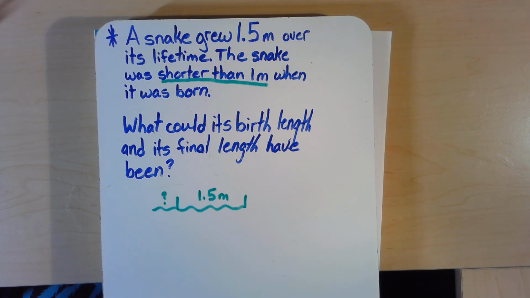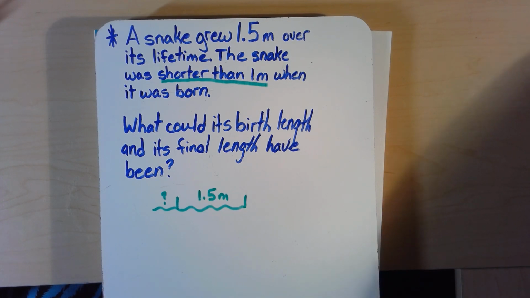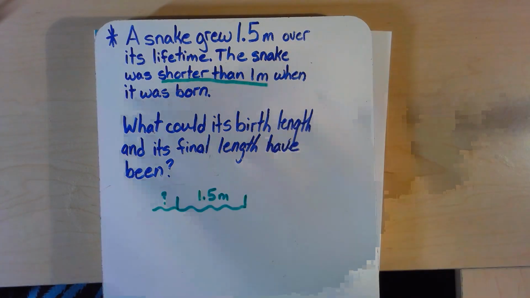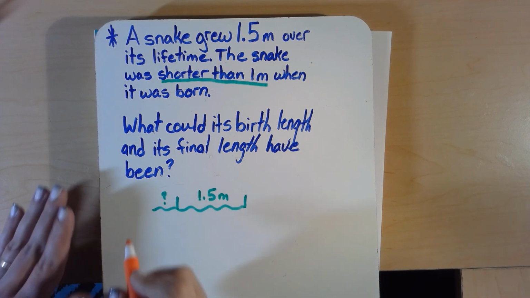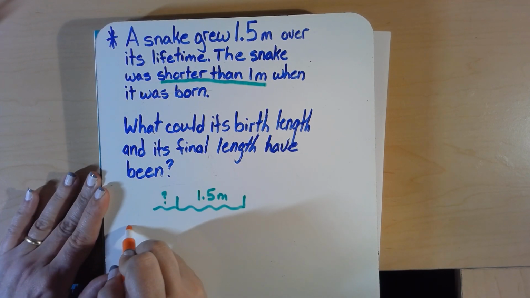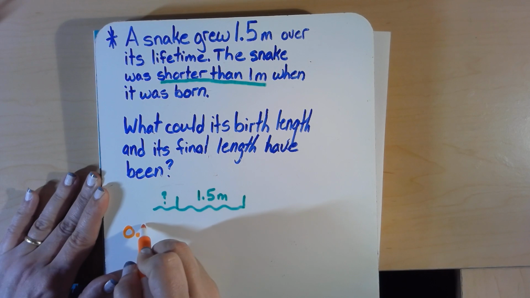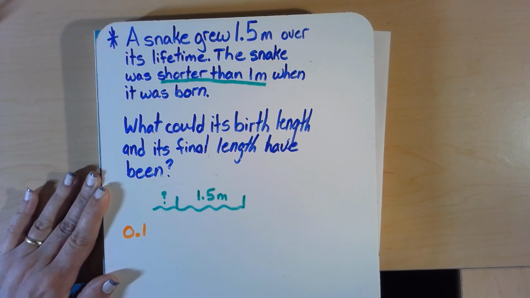So let's start with that information. Let's just focus on the tenths position, okay? What number in the tenths position is shorter than 1 meter? So I can have 0.1, which is less than 1 meter.